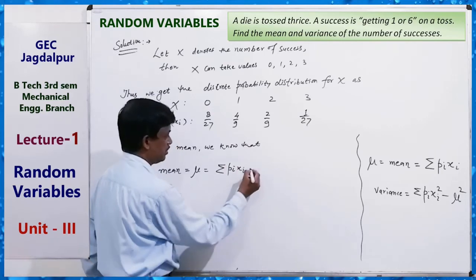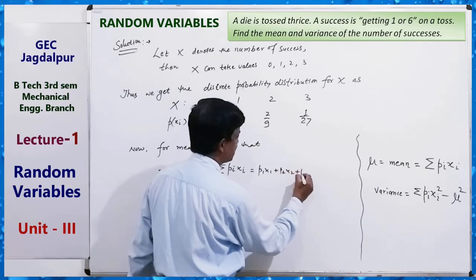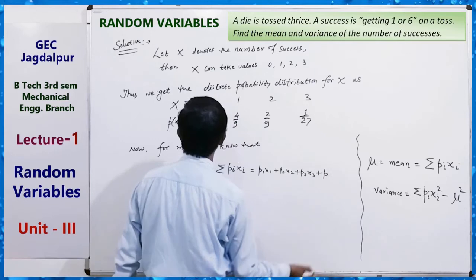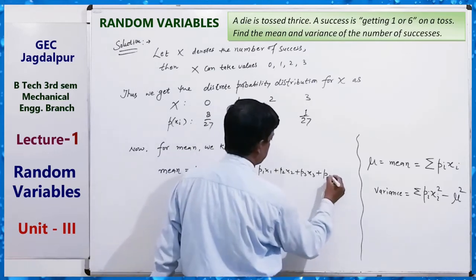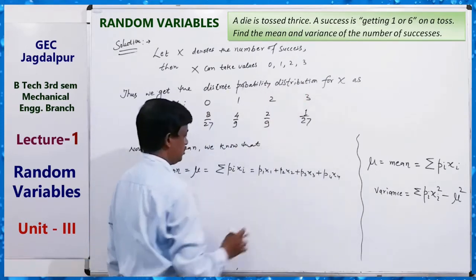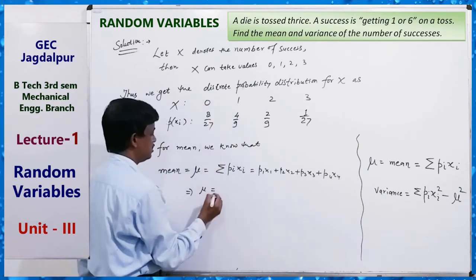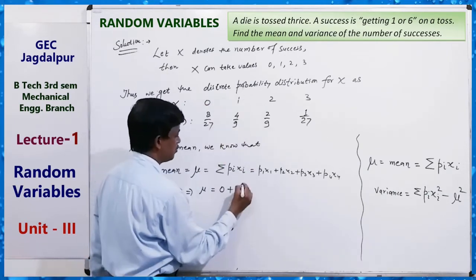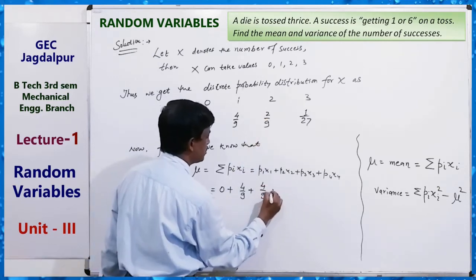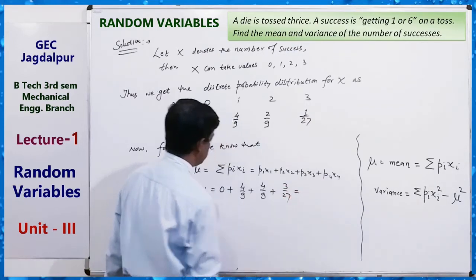That is p1 x1 plus p2 x2 plus p3 x3 plus p4 x4, where the values are x1, x2, x3, x4. So mu equals this into this, 0, plus this into this, 4 by 9, plus this into this, 4 by 9, plus this into this, 3 by 27, equals what?